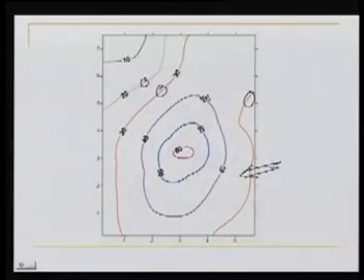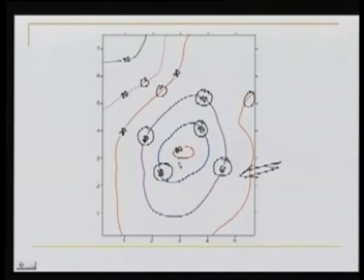In addition to that, in each contour, the value of the contour is also written. So the contour is broken only to write the value of the contour, as you can see here. Okay, so this is our contour map.